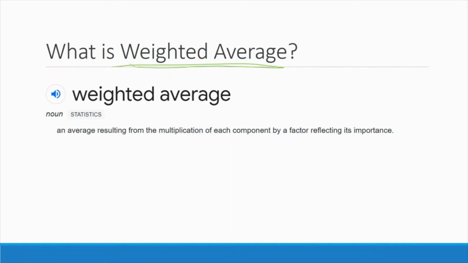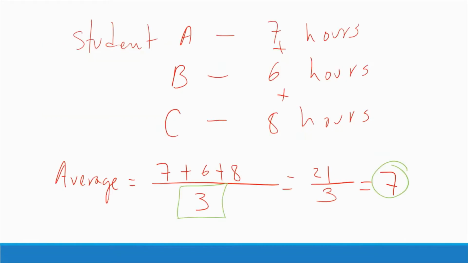Weighted average is an average resulting from the multiplication of each component by a factor reflecting its importance. So different components have different importance. In the one we had before, each of the students, A, B, and C, had the same importance, so we just divided it by 3. If it had been 4 students, we would divide it by 4. If it was 5 students, we divide it by 5. All of them have the same importance.